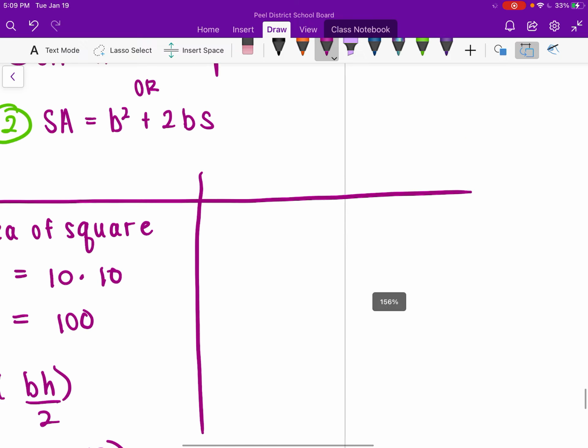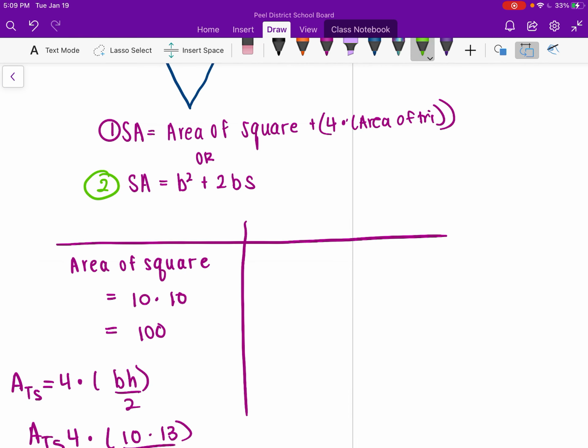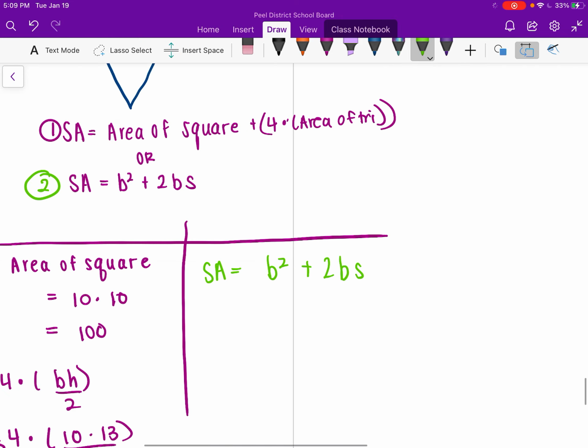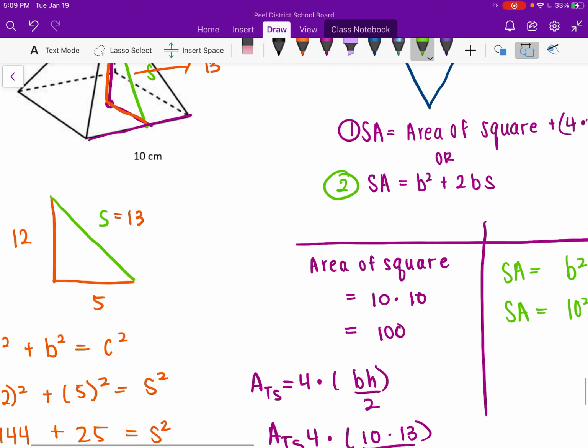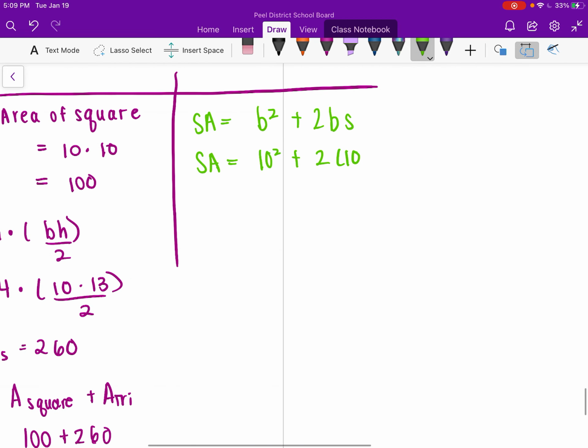Okay, if you wanted to do it by just using the formula from your worksheet, you can say SA is equal to B squared plus 2BS. My B is 10, so 10 squared plus 2 times B, which is 10, times S, which we found was 13.